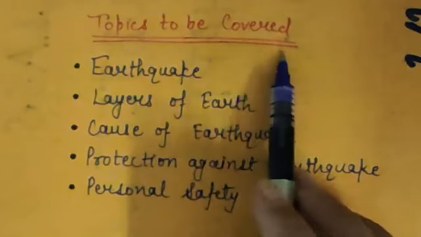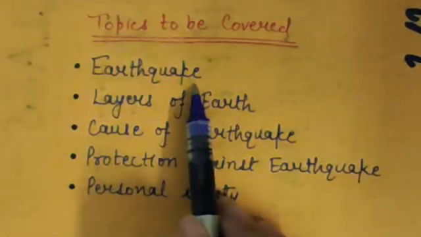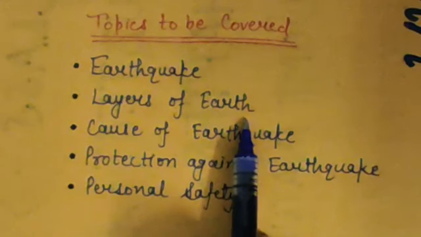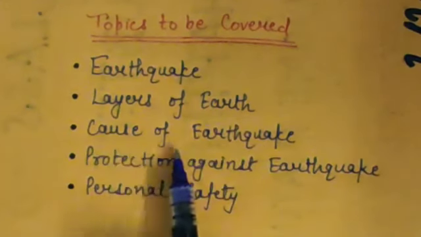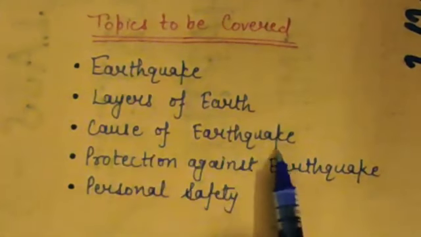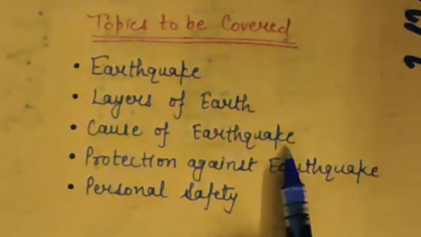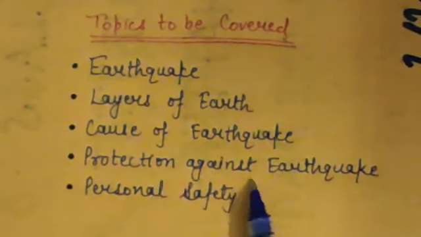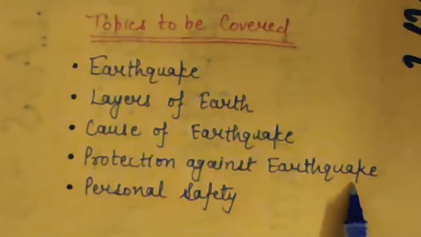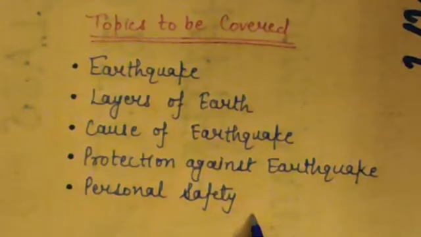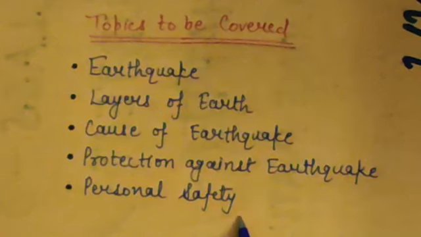Topics to be covered in this lecture are: first is earthquake, second is layers of earth, and after that the cause of earthquake, means we will try to know the reason of earthquake, and protection against earthquake, means how we can protect ourselves from earthquake, and some personal safety measures, means what safety measures we should take during earthquake.